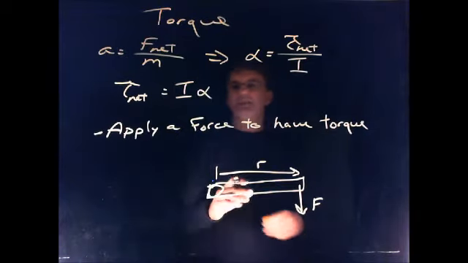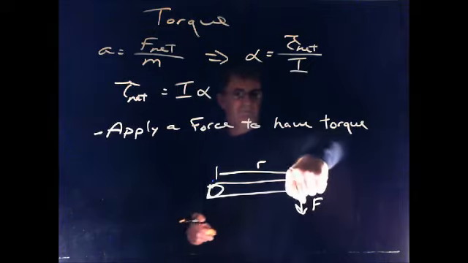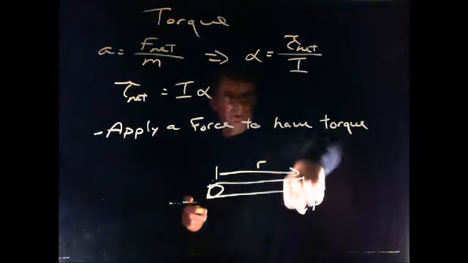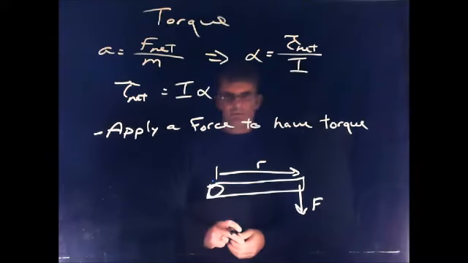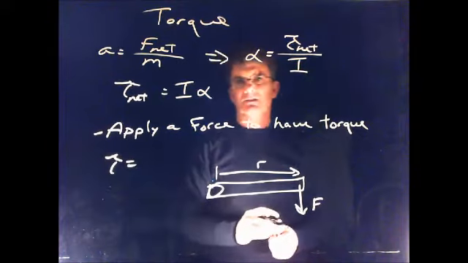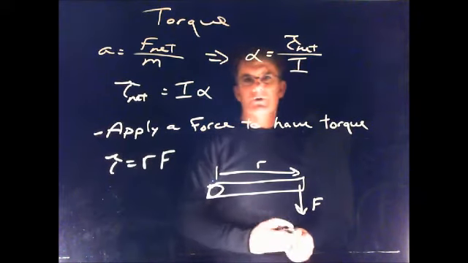So I get a greater torque by having my hand out further than in close. I get a greater torque by applying a greater force. So the torque is calculated by r times force.